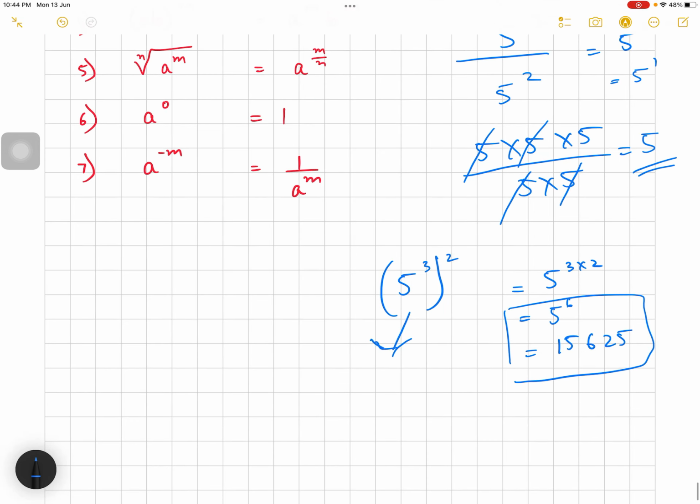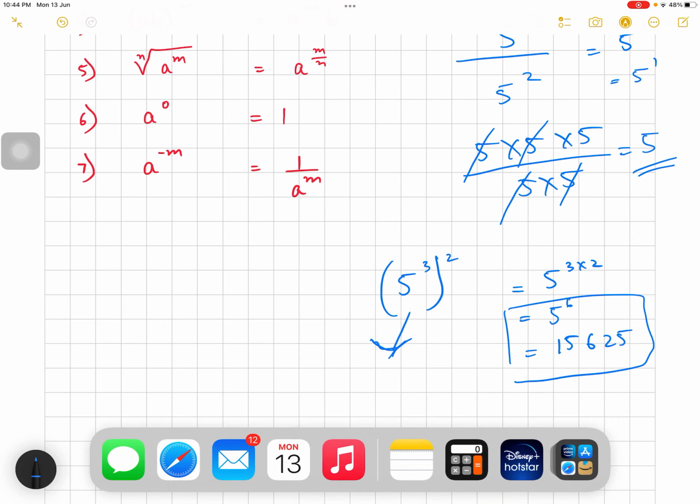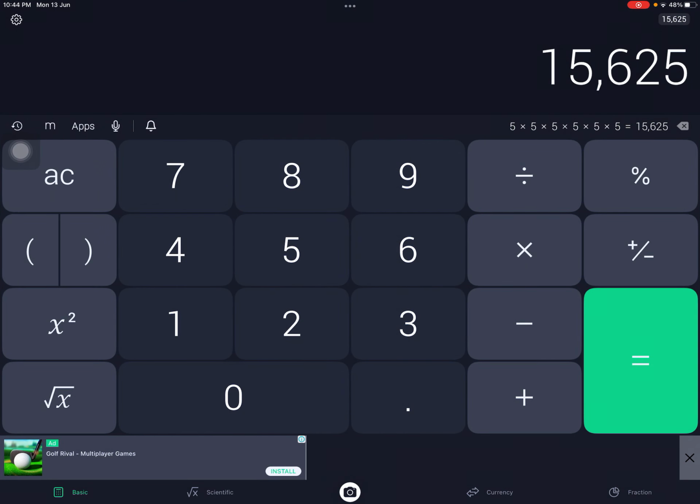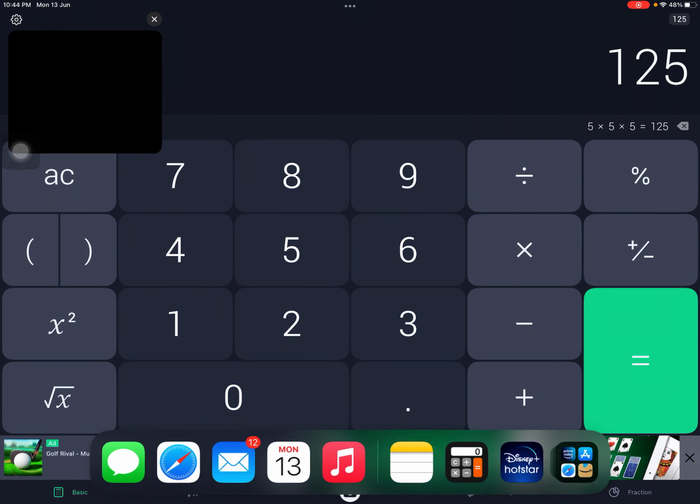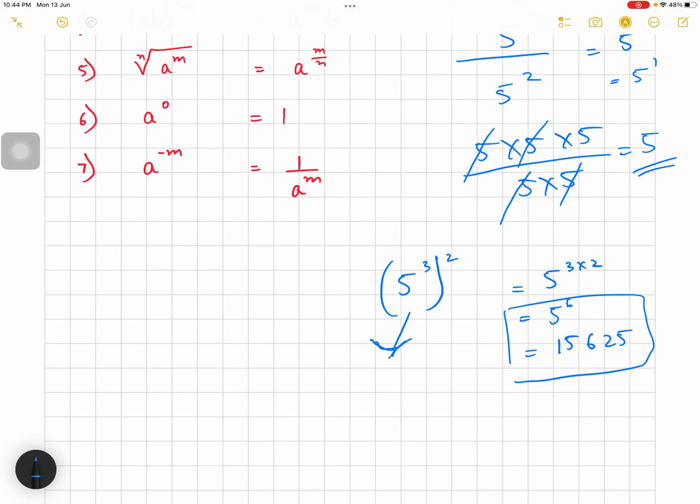Let's calculate this. This is 5 raised to 3. 5 raised to 3 is 5 into 5 into 5, which is 125. Right?